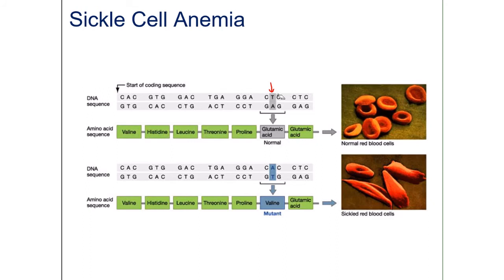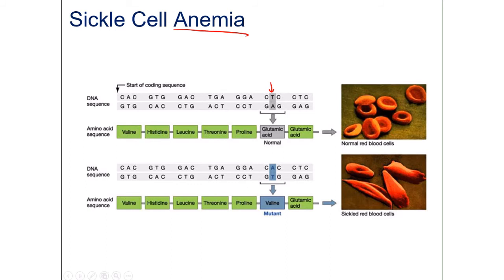Normally it's supposed to be T and A, and this codon would code for glutamic acid, but in a mutation that becomes a different amino acid, and as a result of that, your cells are going to look different. It's going to have this moon crescent sickle cell shape, and they're not very good at delivering oxygen, and so the person is going to become anemic.